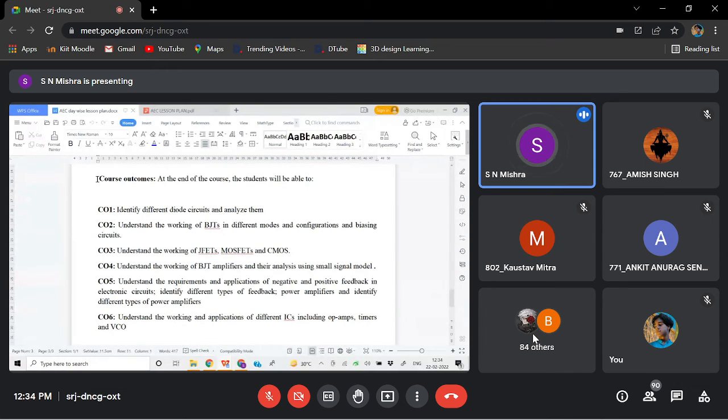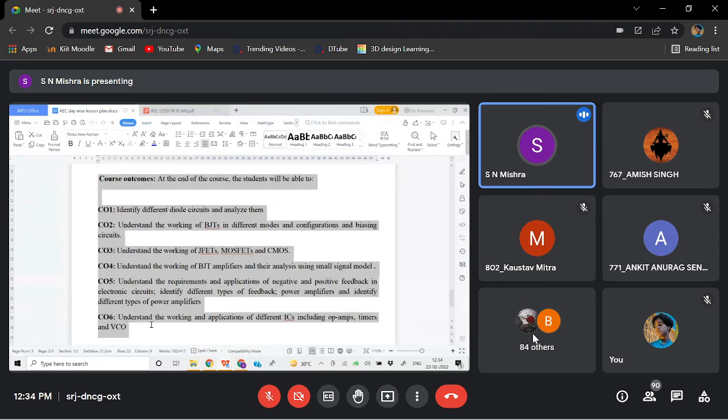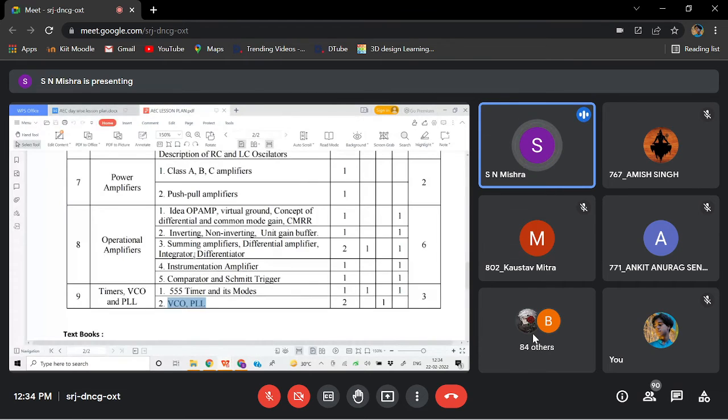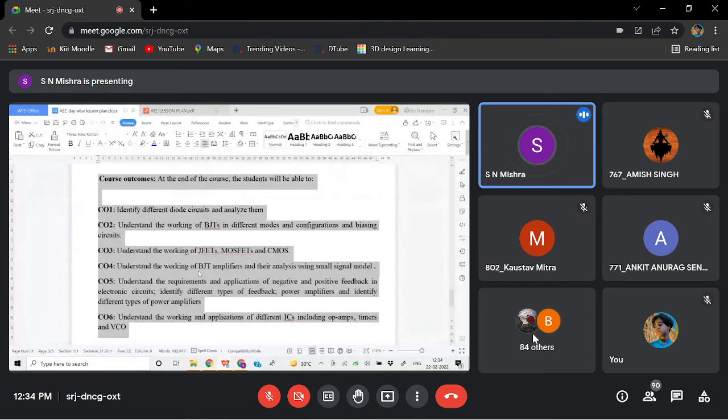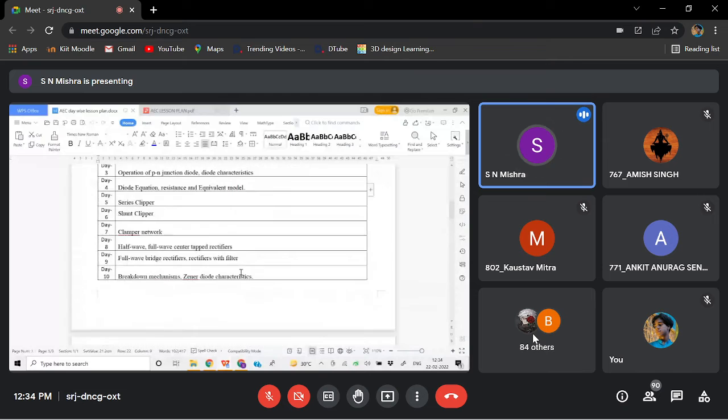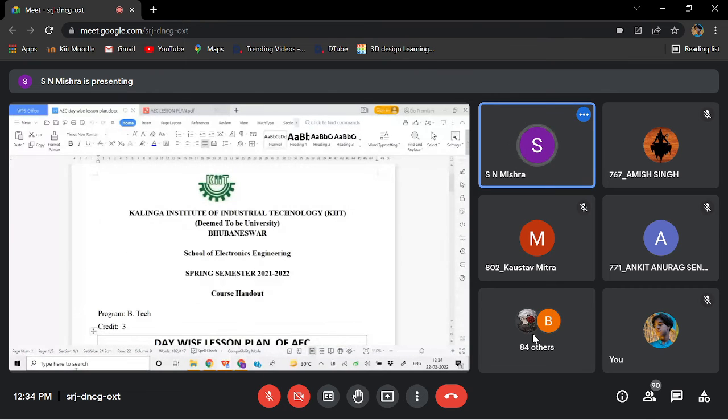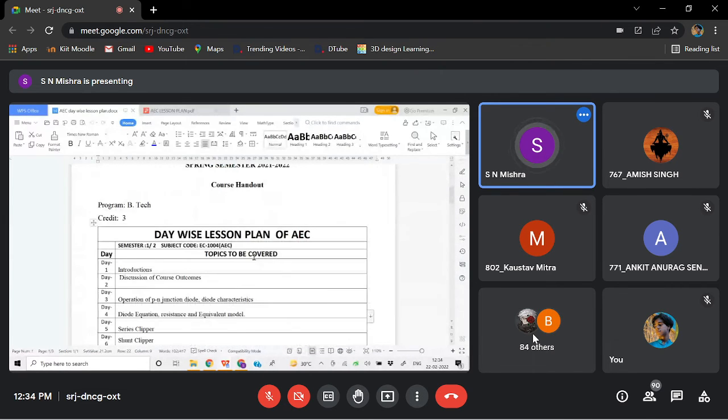So once you cover all these COs, the student can understand the basics of electronics, which will be useful in their life. And books are written here. I'll upload this one in the classroom, and including that, a day-wise lesson plan is prepared by the course coordinator. That means what will be covered each day.